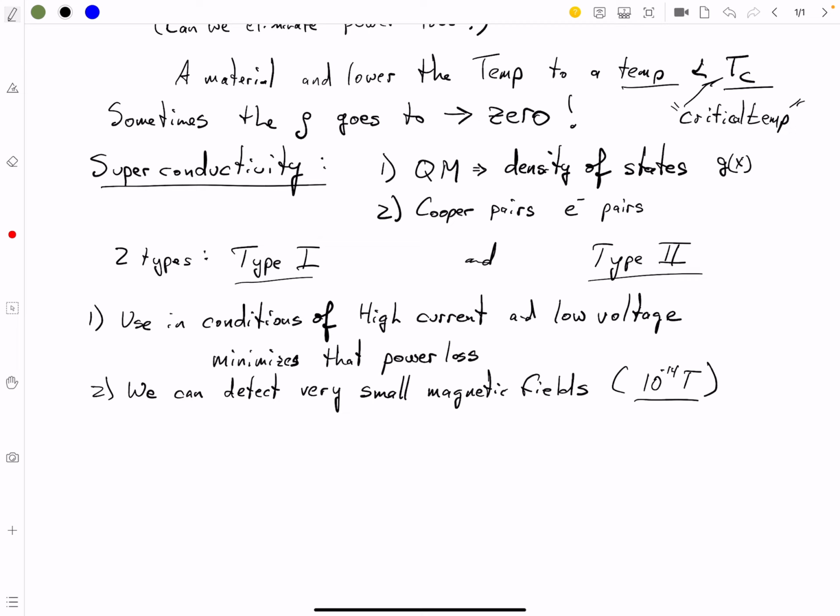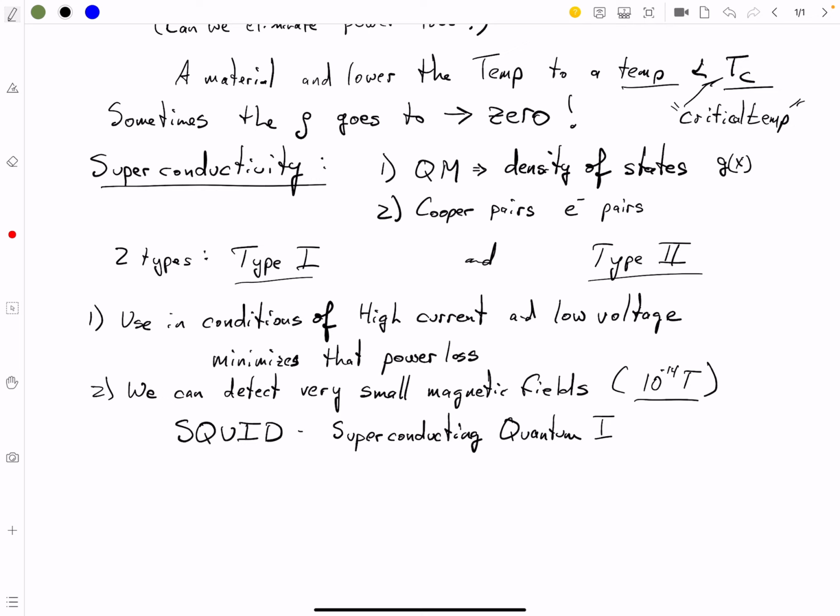What's something that would do that? Well, a SQUID. A SQUID is a superconducting quantum interference device.